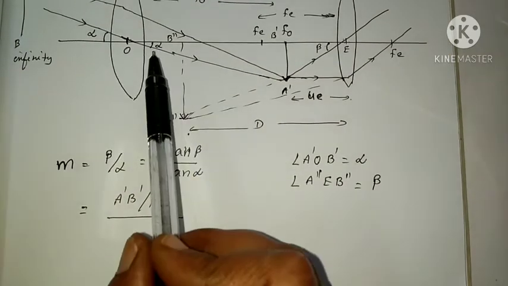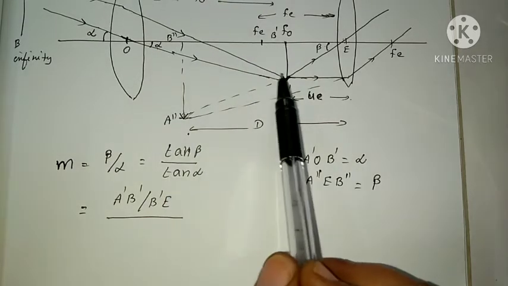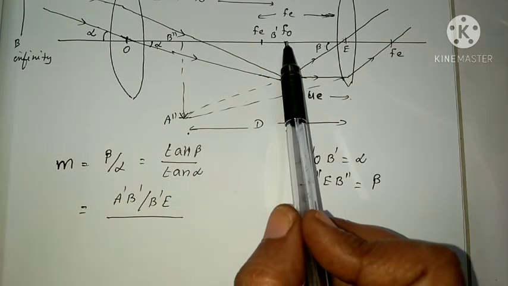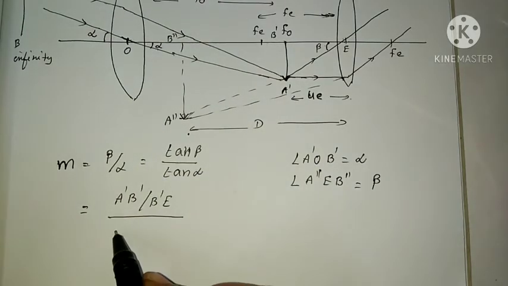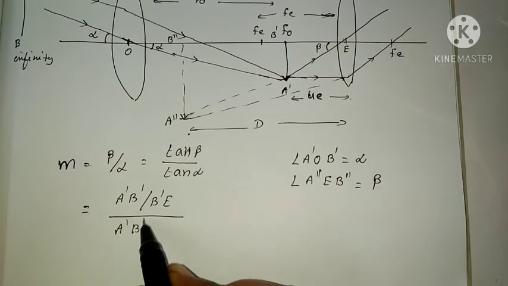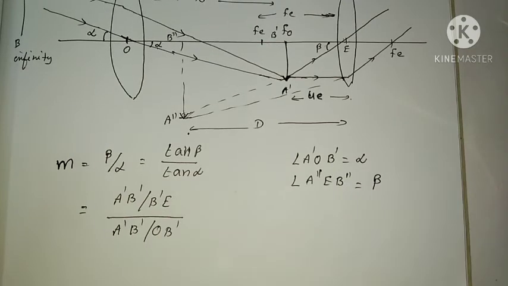Tan alpha, from this triangle, is A dash B dash divided by O B dash. So we can write A dash B dash divided by O B dash.